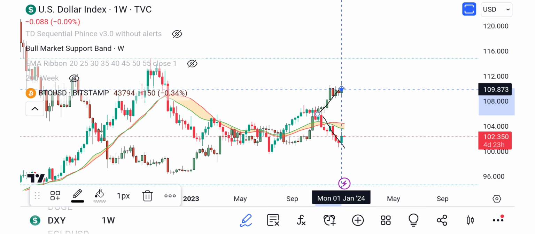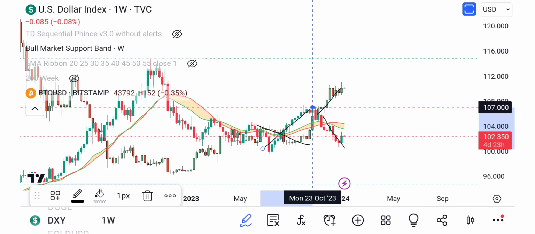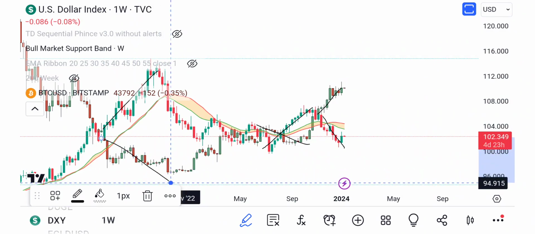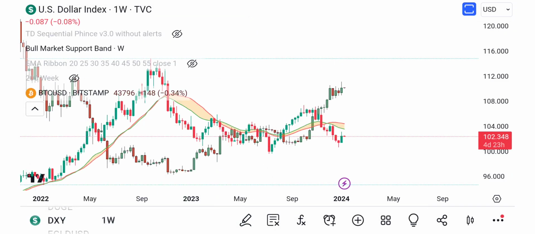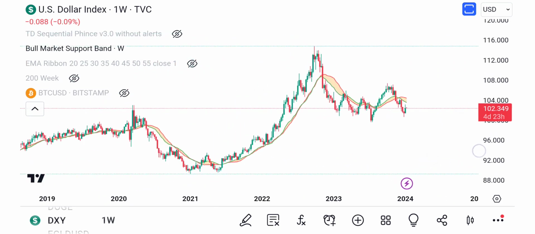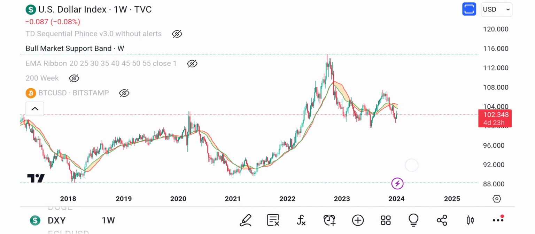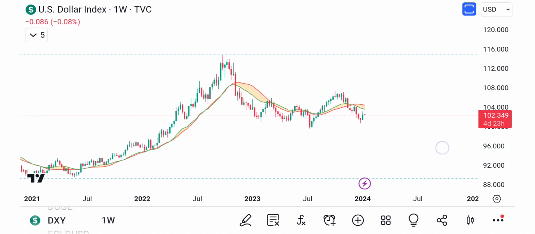Same thing here, DXY going down, Bitcoin going up, right? Bitcoin going up, DXY going down. Now, there are some times when they go up together, but it's usually the opposite of each other. So, keeping that in mind, we want the DXY to sort of be on the down low, right? For the altcoins and Bitcoin to perform.